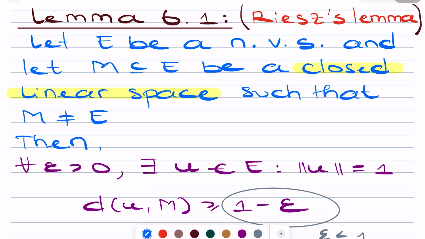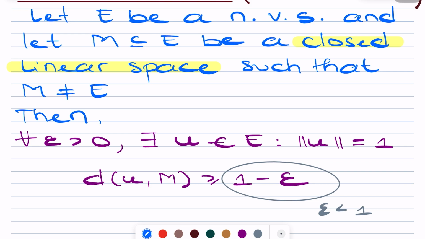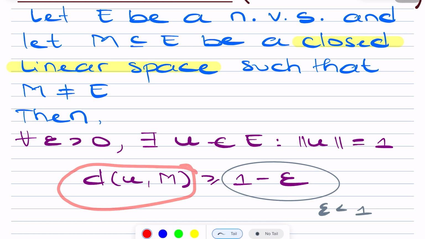And you even see, as a remark, that if this space M here is finite dimensional, or marginally if M is reflexive, one can choose even this epsilon to be 0.